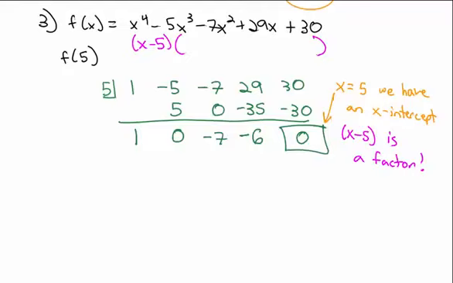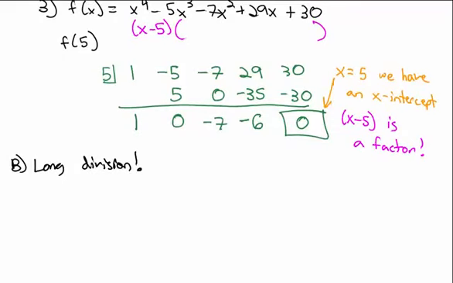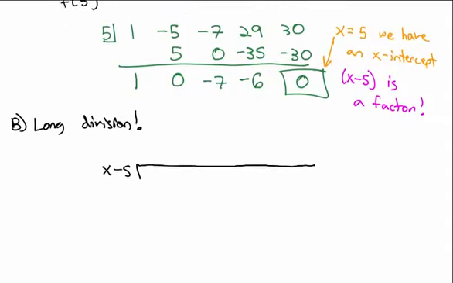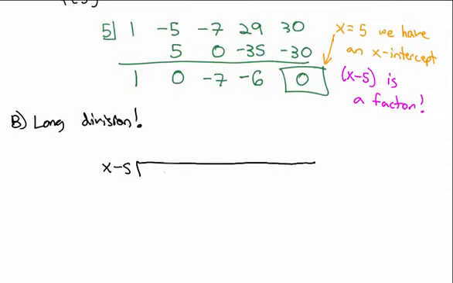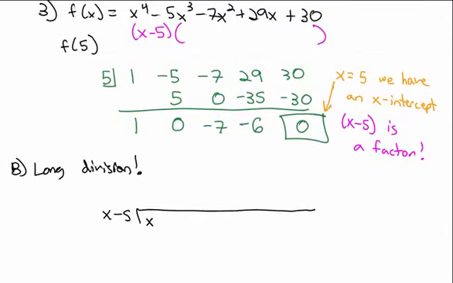Well, let's find out what that something is. The way we get something out of there is we use long division. And you remember doing long division. We take x minus 5 and we divide it into the entire polynomial, which was x to the 4th minus 5x cubed minus 7x squared plus 29x plus 30.